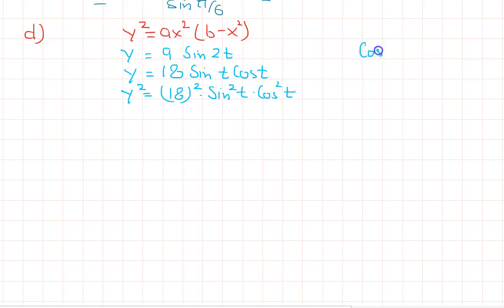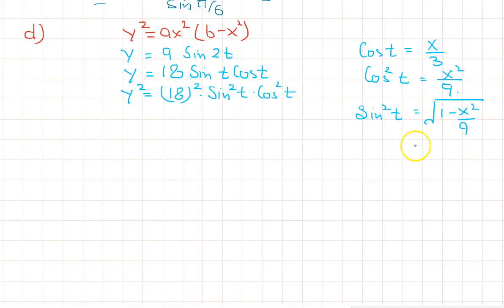Now cos t is equal to x over 3. So cos square t is equal to x square over 9. Sin square t is equal to 1 minus x square over 9. There will be no root because we are looking for the square value, not the root value. So we are looking for sin square.